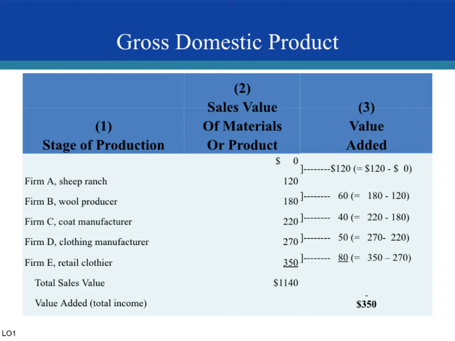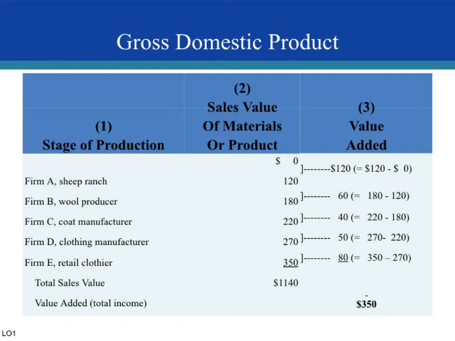The coat manufacturer then sells it to the clothing manufacturer, and of course the coat manufacturer also does some improvements, and the value added there is 50. And then at the end, we sell it to the retailer, let's say Macy's. From firm D to firm E, the value added is 80.